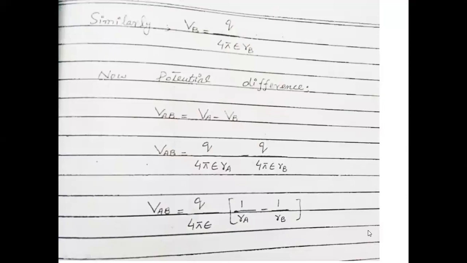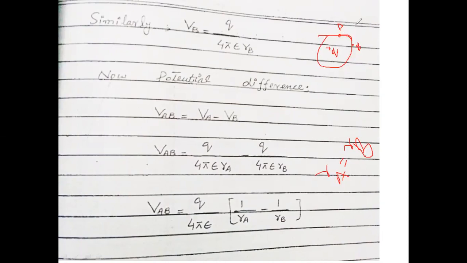So VAB is equal to Q divided by 4 pi epsilon times (1 over Ra minus 1 over Rb). Note that if Ra is equal to Rb, both points are on the same equipotential surface. If this is the plus Q charge at the center, and this is point A and this is point B, and you move a charge from here to here, no work will be done.